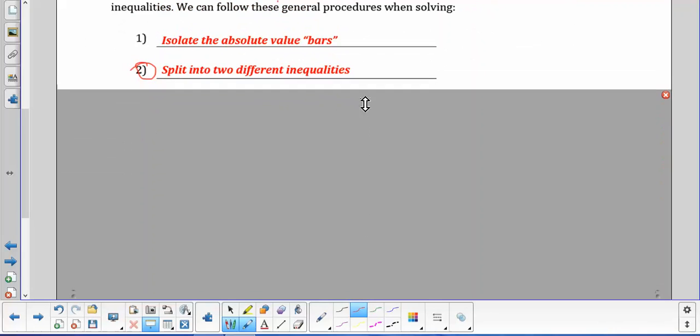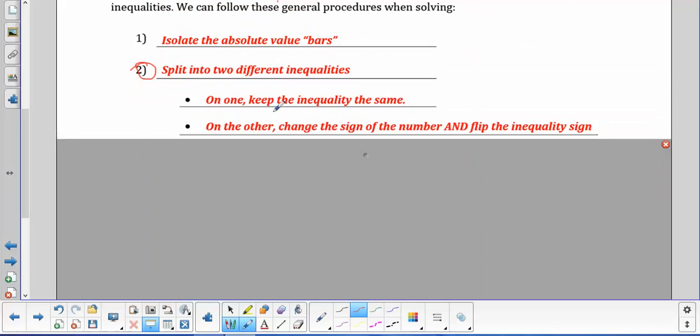We're going to take the inequalities, and we're going to keep one of them the same. Same idea as we did up there. The other, we're going to change the sign of the number. However, since we're doing inequalities, we have to change the sign, and since we're technically dividing by a -1, we have to flip the inequality sign.